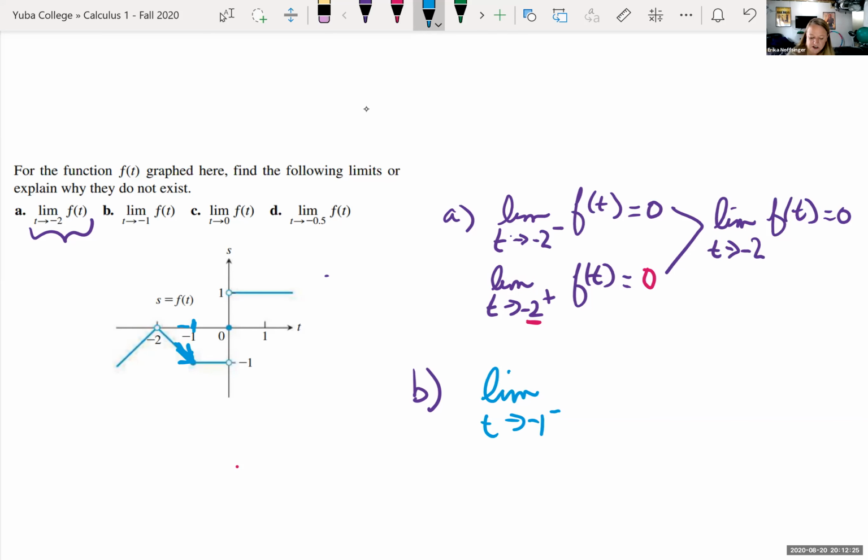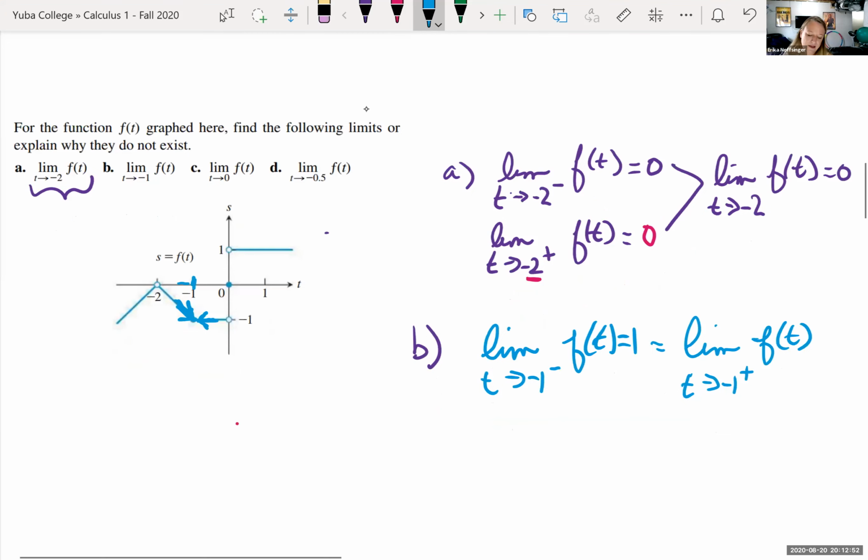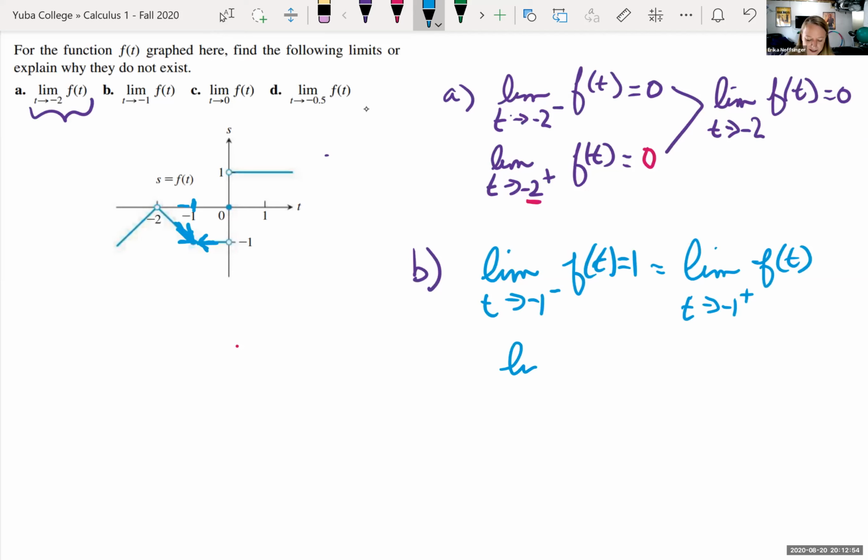Well, the y value you're getting closer and closer to, and actually hit there, is 1. Notice that's the same thing as if we were coming in on the right-hand side of t equals -1. Since you get the same value each way, we can say that limit exists, and the limit as t approaches -1 is 1.